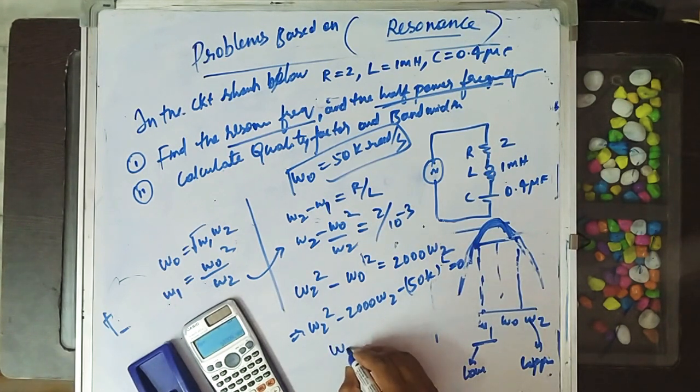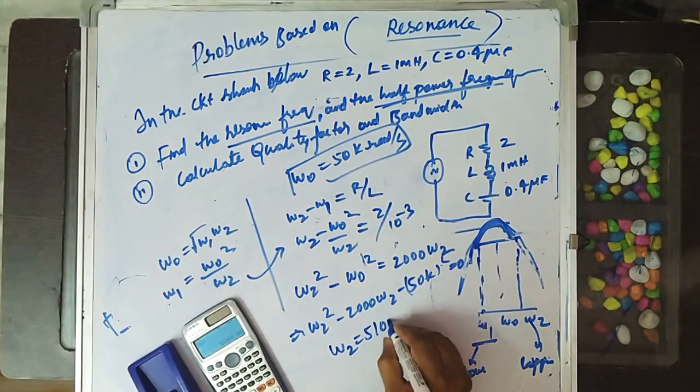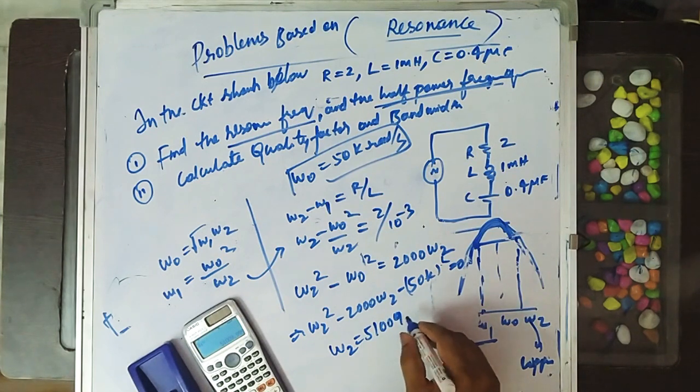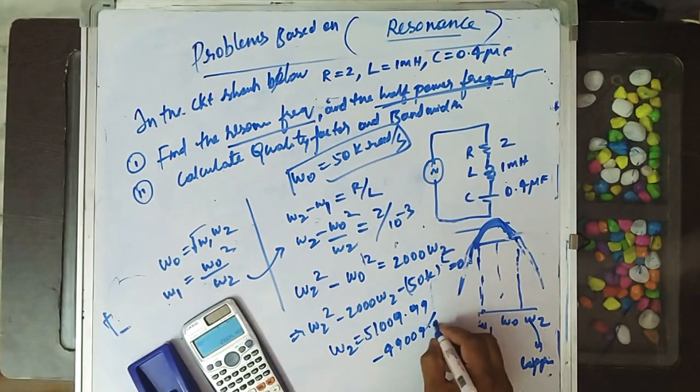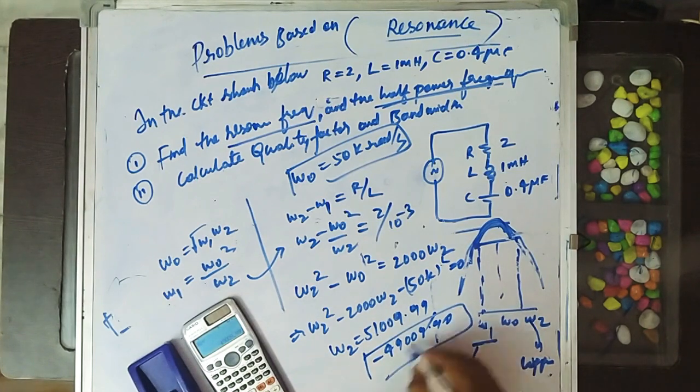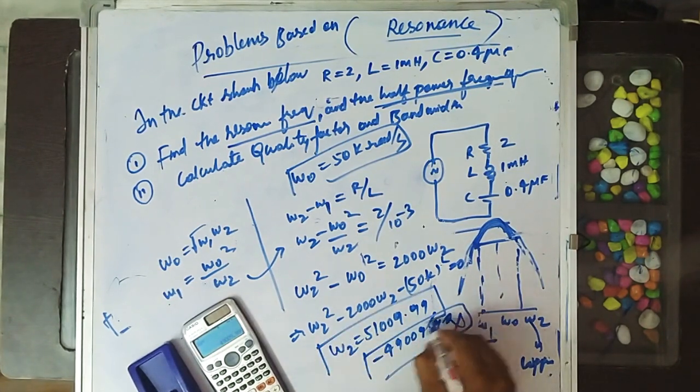So you're getting omega 2 equal to 51009.99 and another value minus 49009.99. So this negative value is invalid. We consider only the positive value.